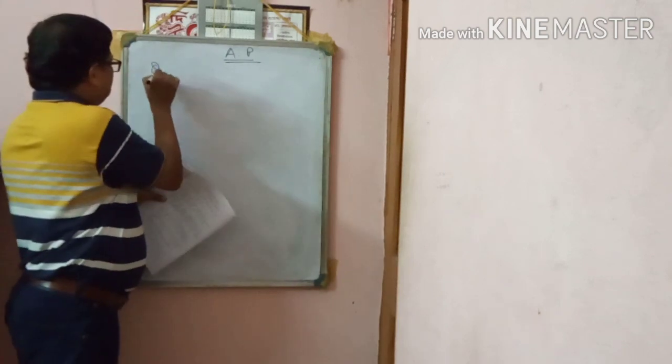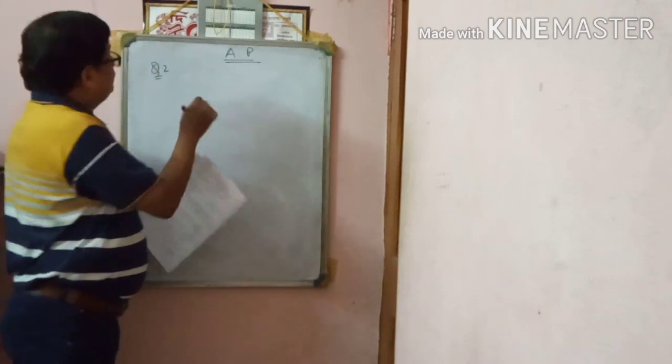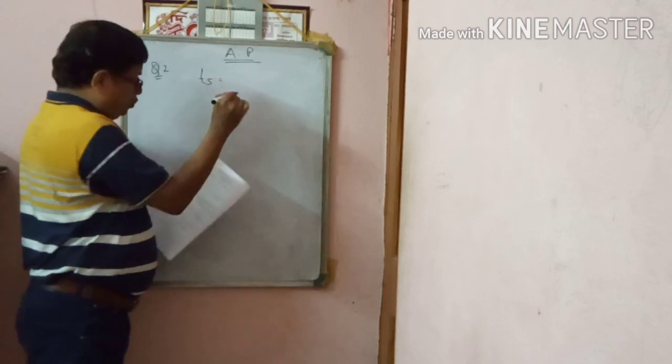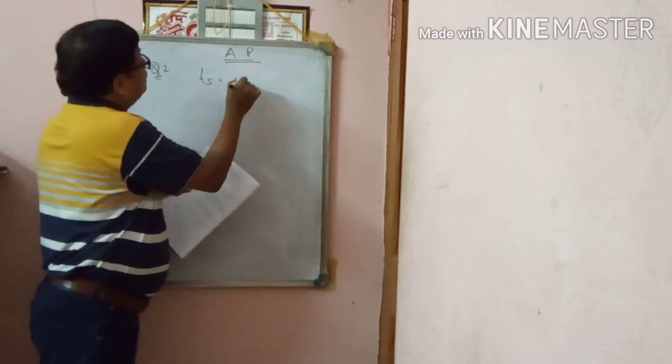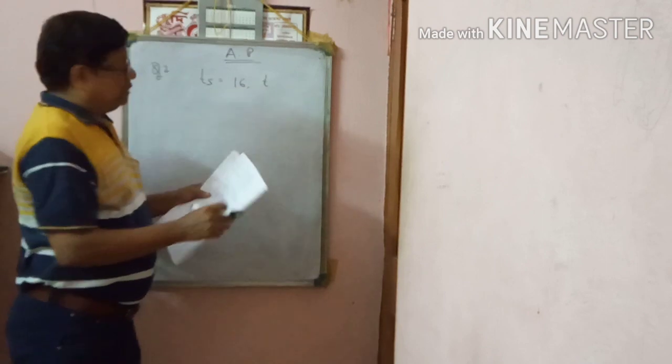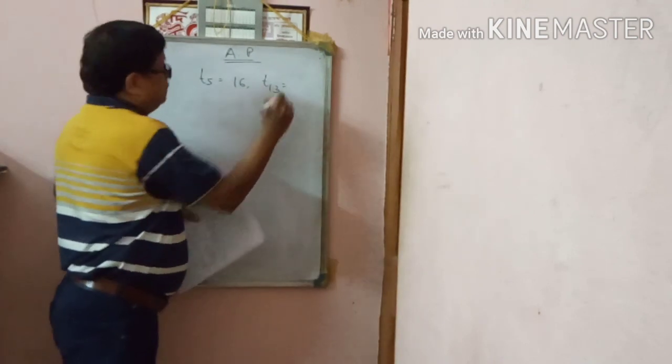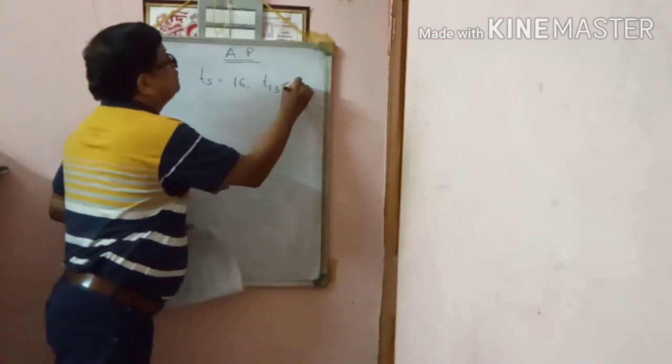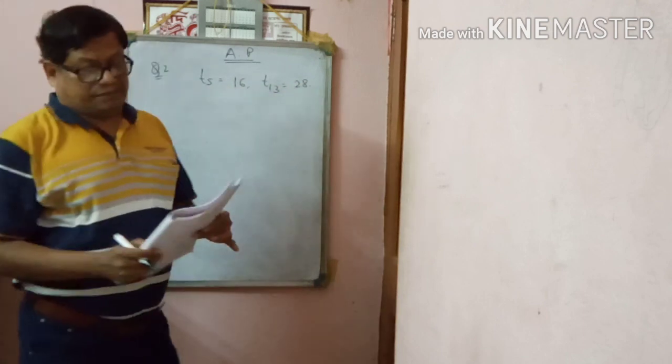Question number 2. In an AP, the fifth term and 13th term are given. Write T5 equal to 16 and T13 equal to 28. Find the common difference and first term.